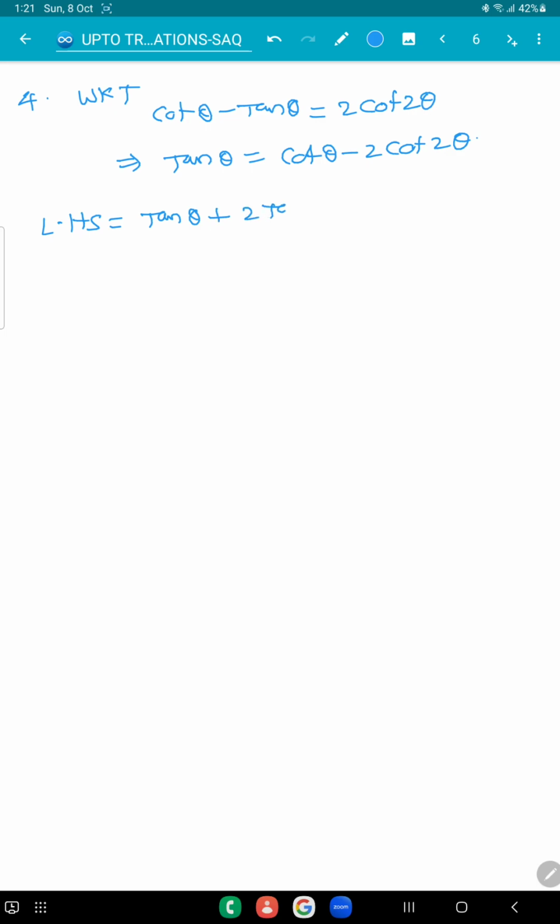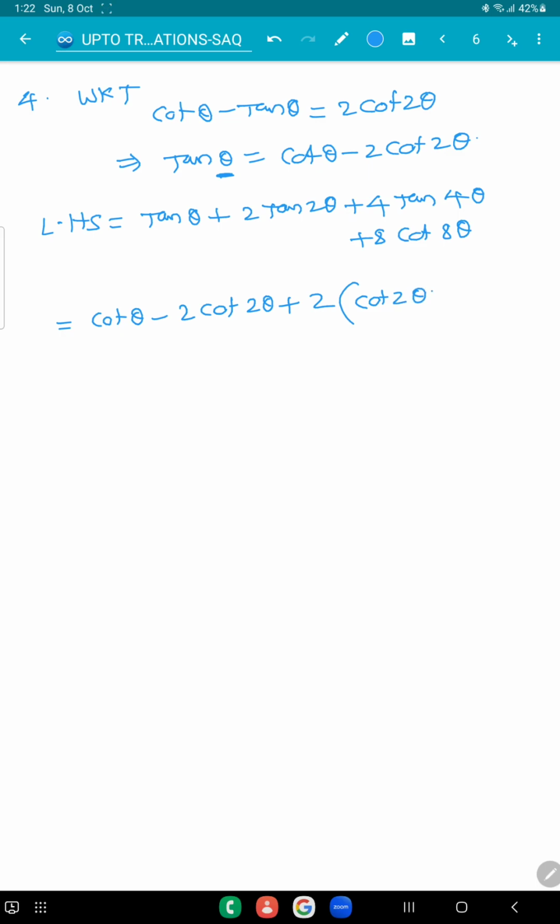Tan theta plus 2 tan 2 theta plus 4 tan 4 theta plus 8 cot 8 theta. Tan theta is equal to, from this one, cot theta minus 2 cot 2 theta plus 2 times, instead of theta write 2 theta, that becomes cot 2 theta minus 2 cot 4 theta, plus 4 times, instead of theta write 4 theta, cot 4 theta minus 2 cot 8 theta.